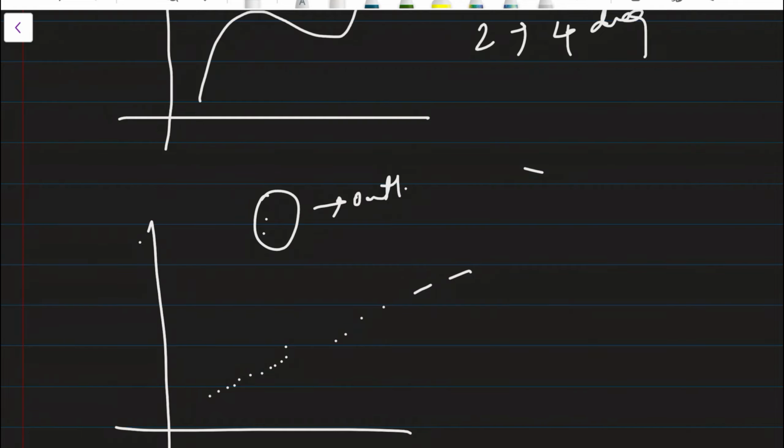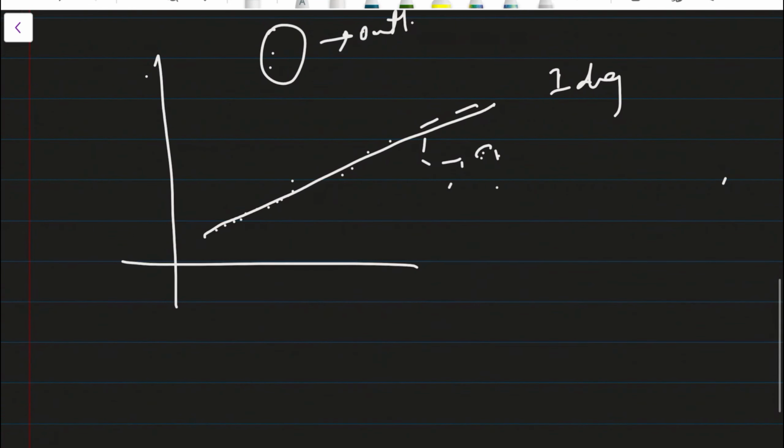When we use 1 degree, the line looks like this. This is efficient because it gives around 95% accuracy.